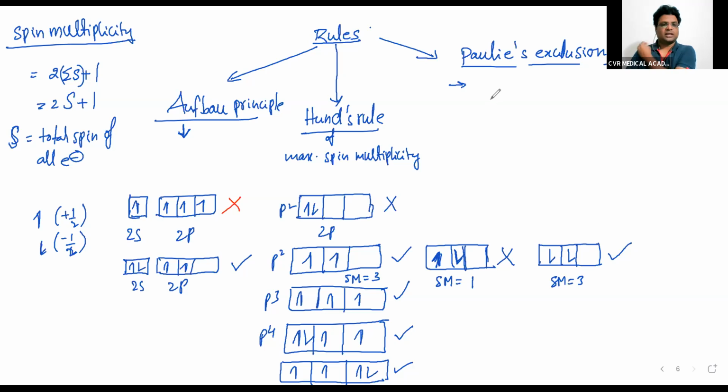No two electrons in an atom can have the same set of 4 quantum numbers. That means the internal meaning of it is that the two electrons present in a given orbital should have opposite spin. The other meaning of it is, two electrons present in a given orbital must have opposite spin.